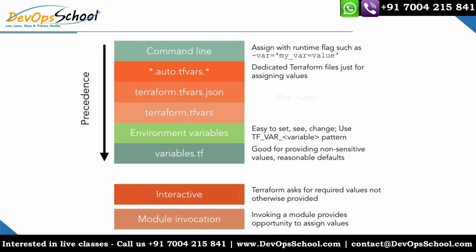You can declare the variable in the terraform.tfvars file. You can declare the variable in the environment. You can declare the variable in variables.tf with any TF programs. And you can also declare the variable using interactive input and modules and all. But the question is, if you declare the same variable in every place, which one will have the highest precedence? Tell me.